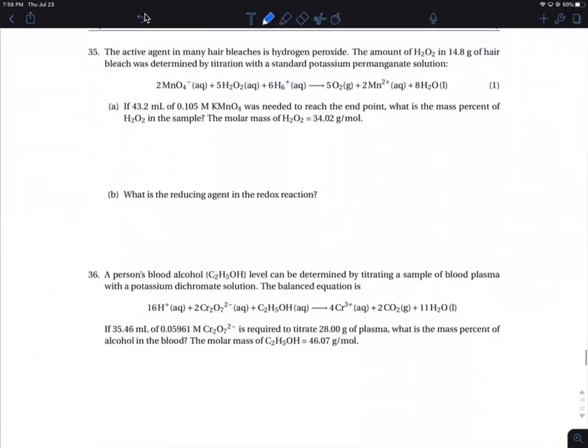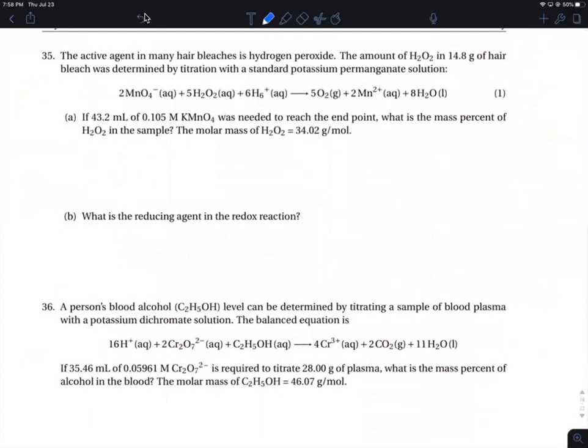And now for number 35. Okay, so if this was needed to reach the endpoint, what is the mass percent of H2O2 in the sample?